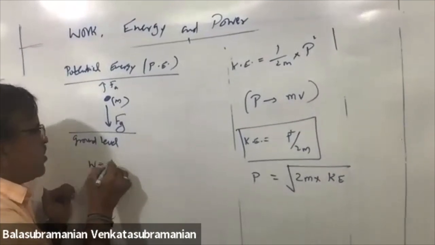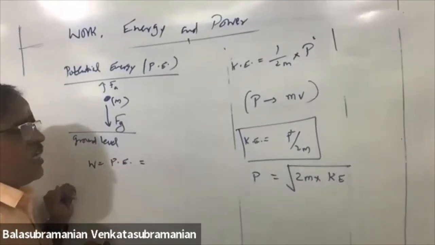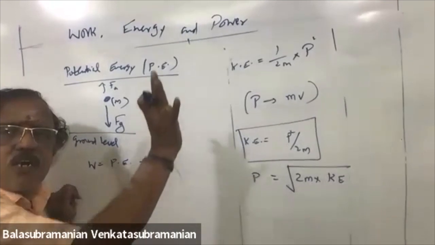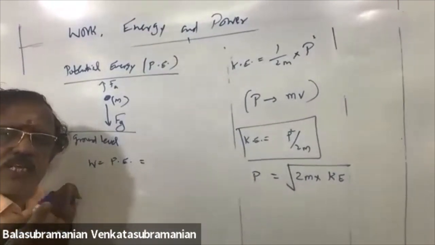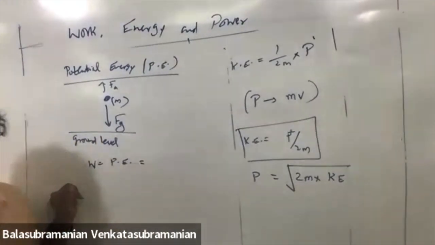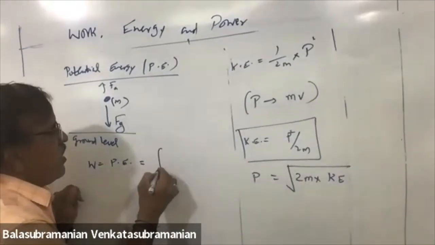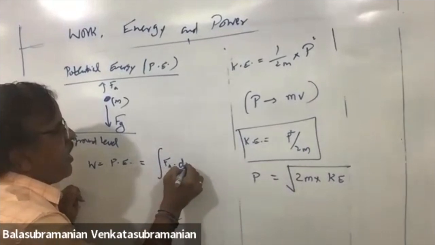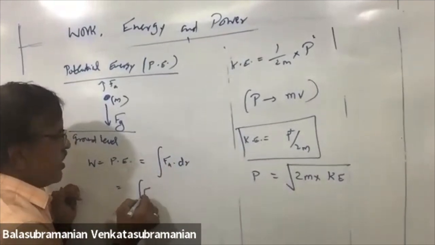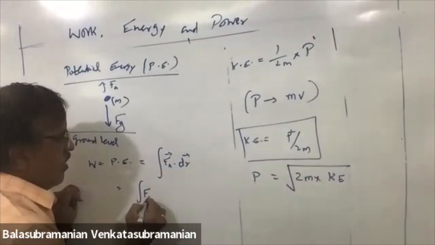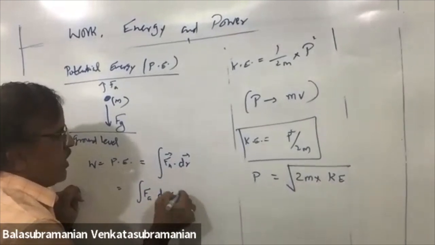Work done is equal to potential energy. Along the direction of force the body is moving, so theta is equal to 0. So I can write integral F_a dr cos theta.